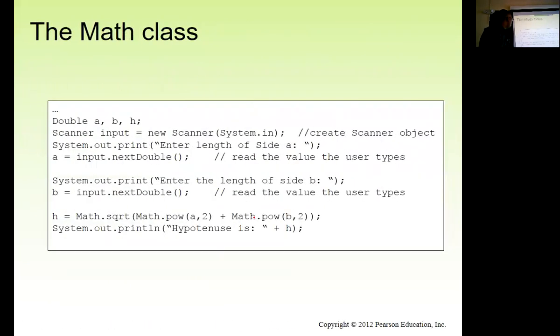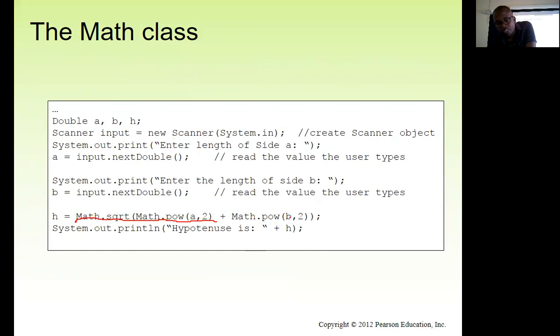We'll discuss that. And so here's an example again, where we create three doubles, A, B, and H. We accept some input from the user, and then we put it in A, we put that in B, and then we square those values. So we use Math.sqrt in our code here, and Math.pow, which takes in two values and raises the first one to the power of the second.